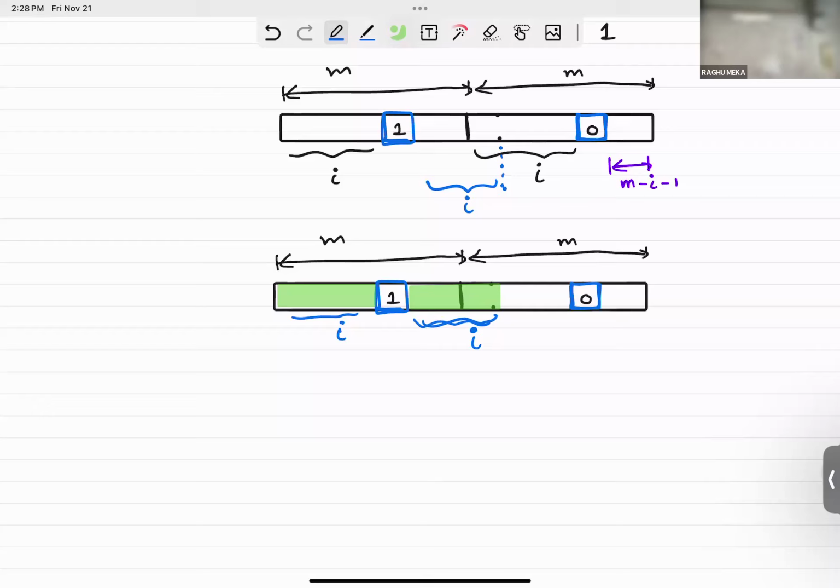What's the length of what is left? Any guesses? My claim is that if I move it this way, then this particular 0 is actually exactly in the middle here. Right? So let's check that.